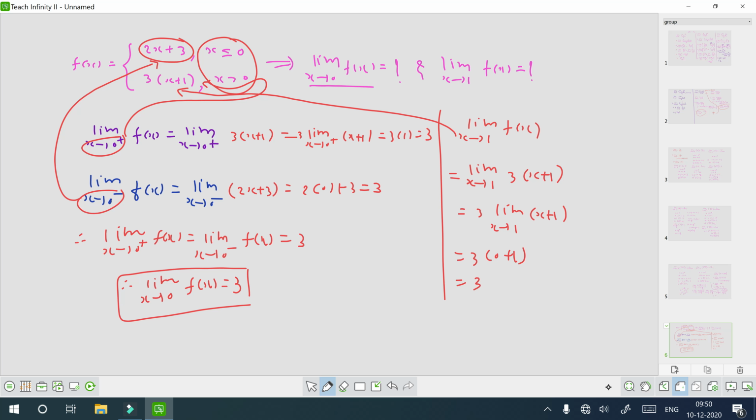Let us see more examples. f of x is given as x square minus 1 whenever x is less than or equal to 1, and minus x square minus 1 whenever x is greater than 1.